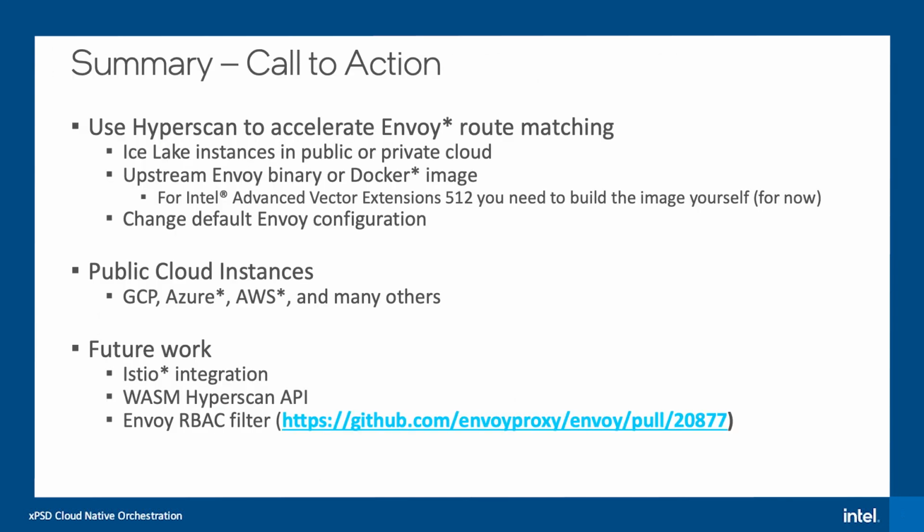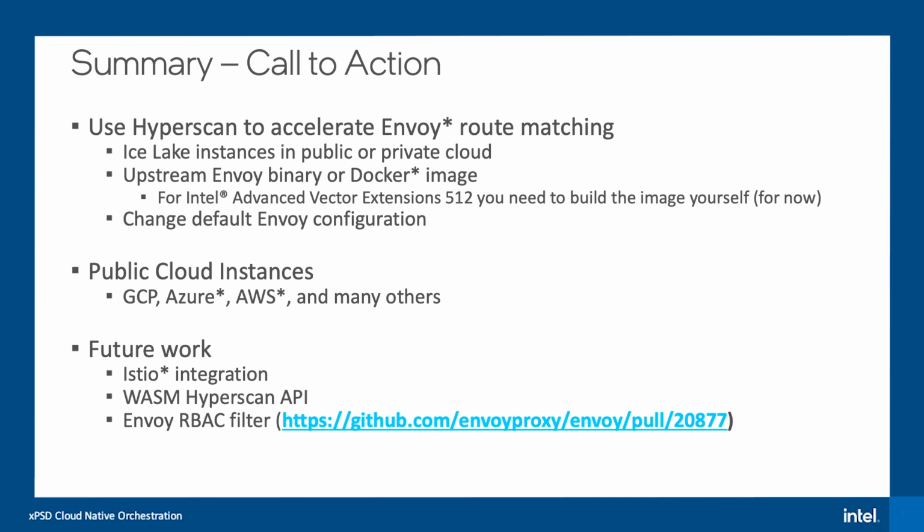In summary, we can talk about what we have learned today. If you use Hyperscan to accelerate your route matching, all you need to do is 3 things. You need an Ice Lake instance, either in a public or private cloud. You need an upstream Envoy binary or Docker image.